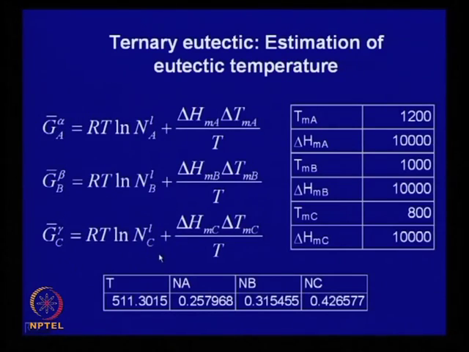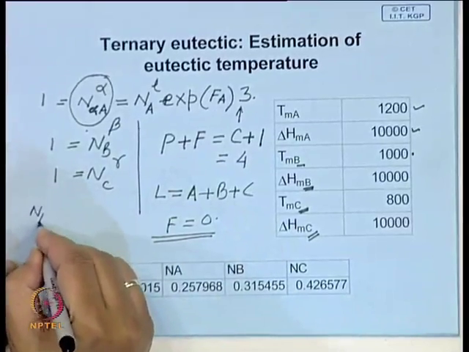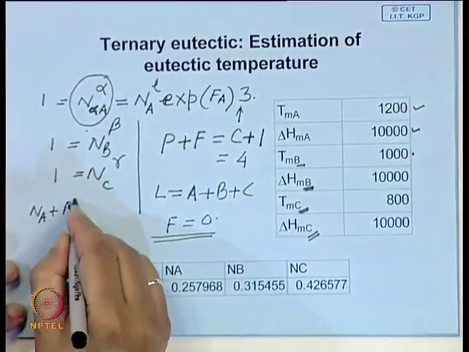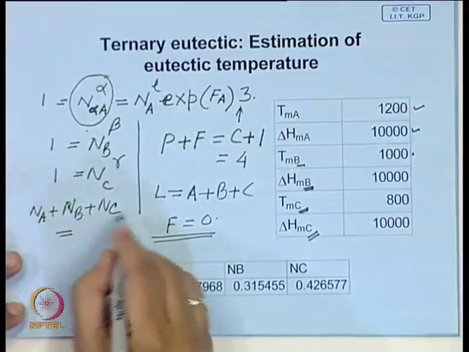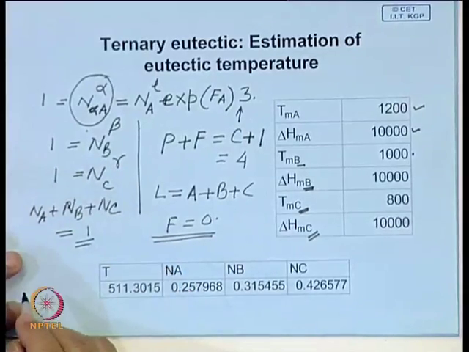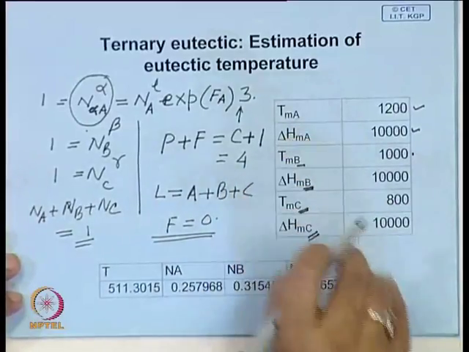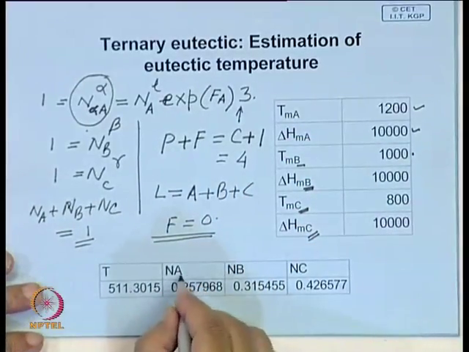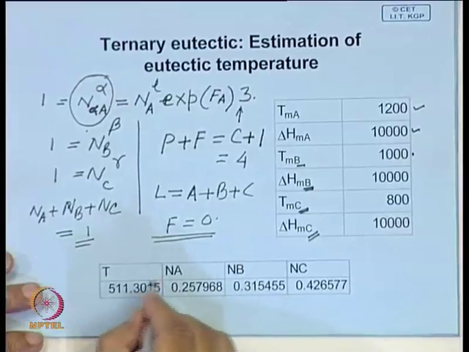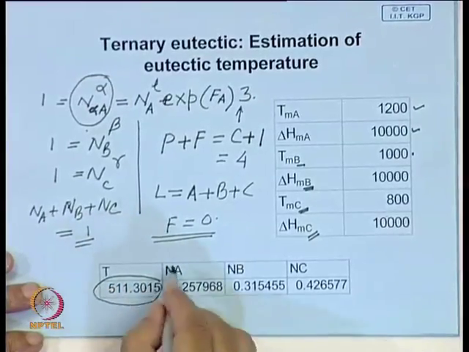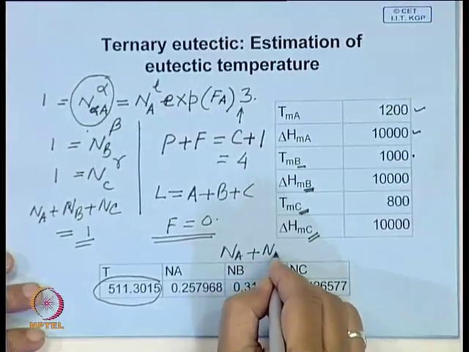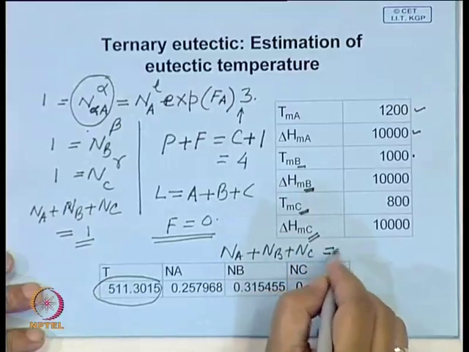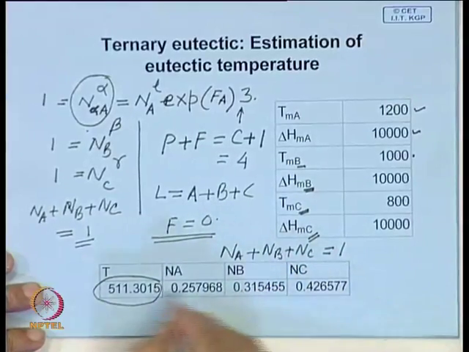In that case, N A plus N B plus N C, which represent the atom fractions of A, B, C in the liquid, should be 1. So what you need to do is a simple iteration process. The only unknown is this temperature. Change this temperature to satisfy N A plus N B plus N C equal to 1. If you do this, you will get the exact temperature.